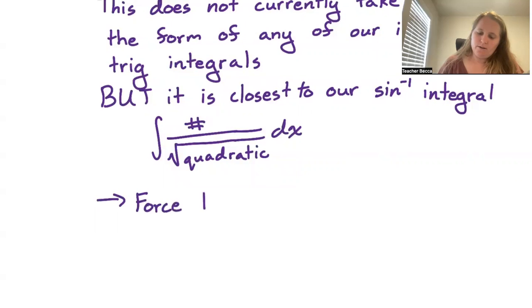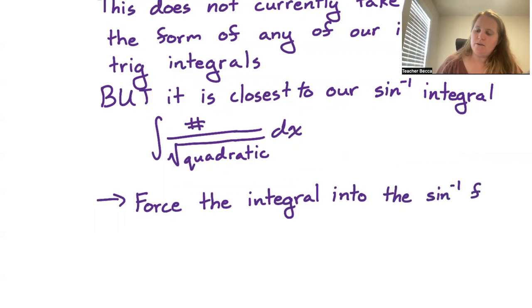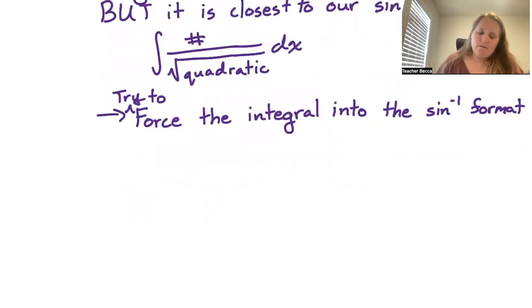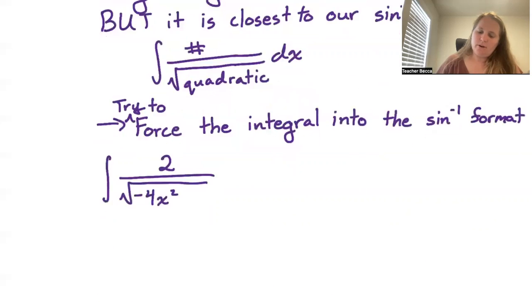So we have the integral of 2 over the square root of negative 4x squared plus 4x plus 3 dx.